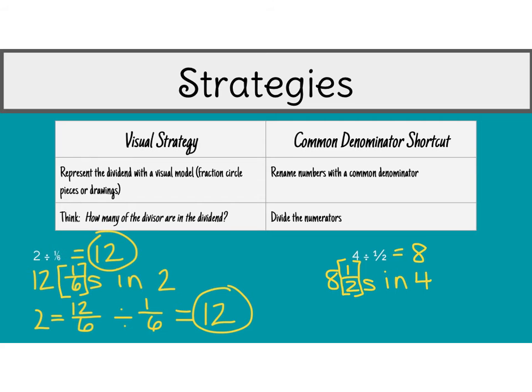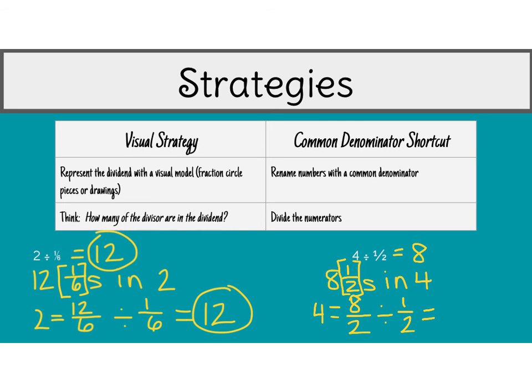All right, so then we're going to use our shortcut. The whole number 4 is equal to 8 over 2, or 8/2. And then we bring down that 1/2 that we were dividing by. So 8/2 divided by 1/2.